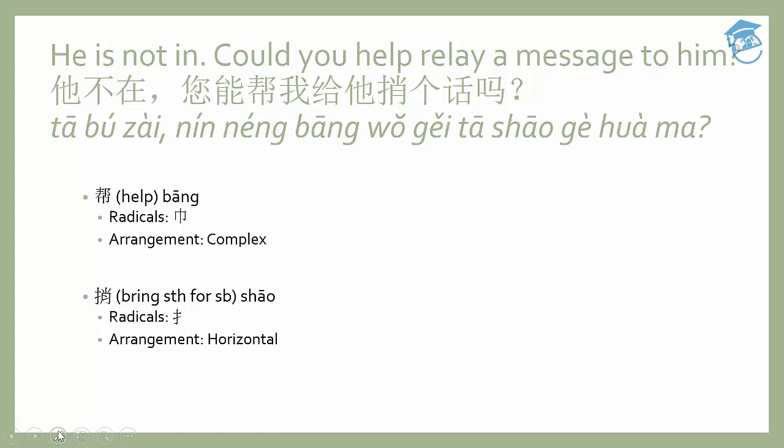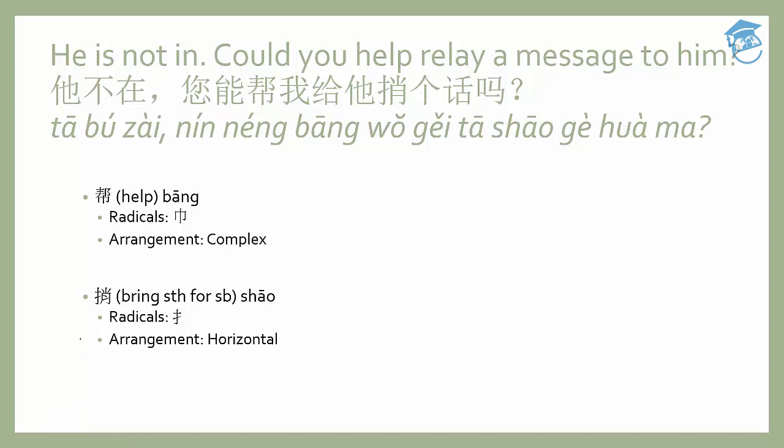Let's look at how to write 帮. 1, 2, 3, 4, 5, 6, 7, 8, 9, 10. 10 strokes for this word, 帮.